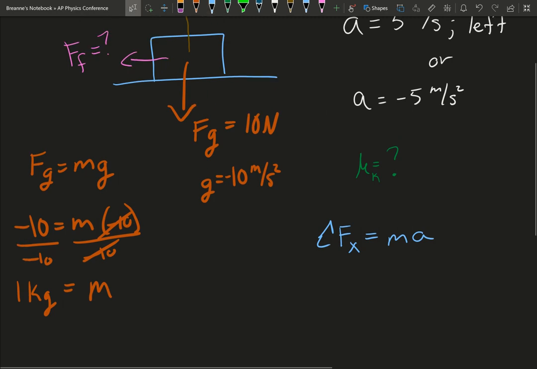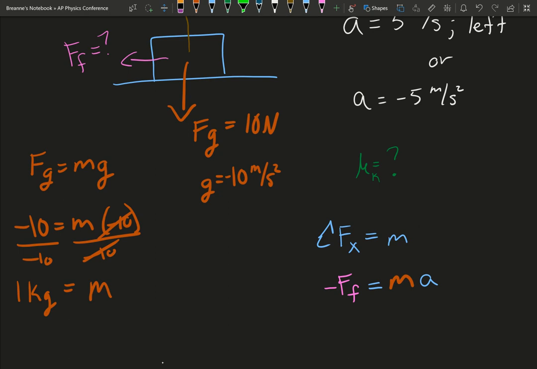What forces are acting in the x direction? Well, we only have one, and it's friction, and it is negative. So negative friction equals mass times our acceleration in the x.